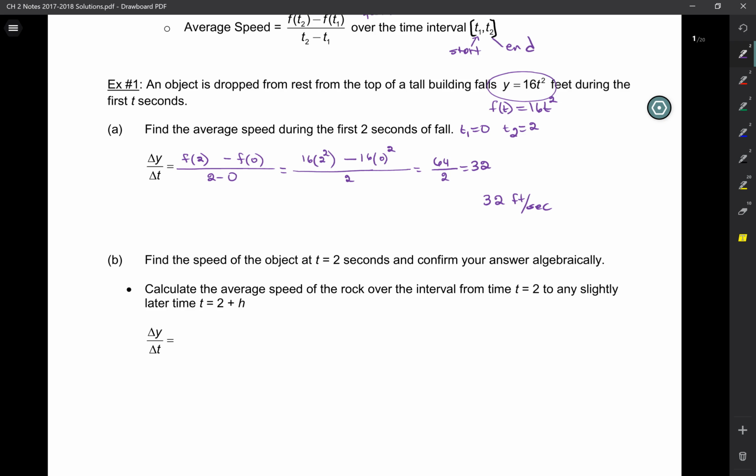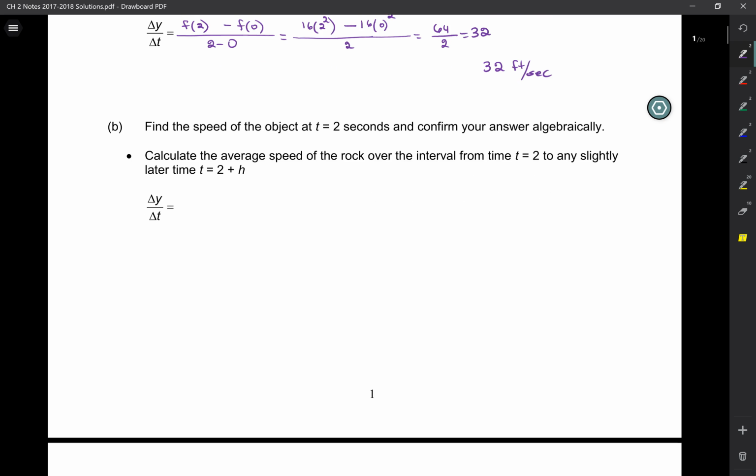Let's find the speed from t equals 2 to some later time, 2 plus h. And that could be from 2 to 2.5, from 2 to 2.1, from 2 to 4.2. Okay? So let's do that, and let's be a little more general here.